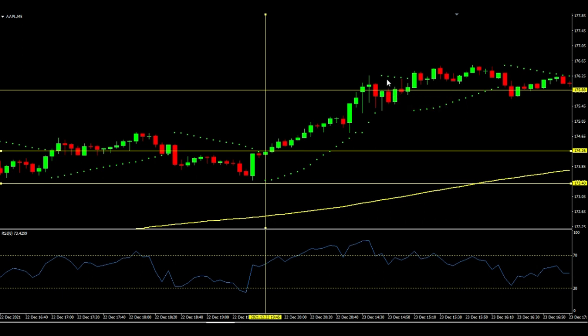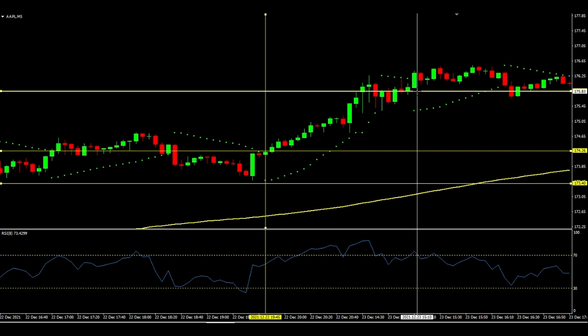So we close our trade at the open of the next candle, which is this one, a little bit low. So we make a profit of 157 points. So this is how you trade.